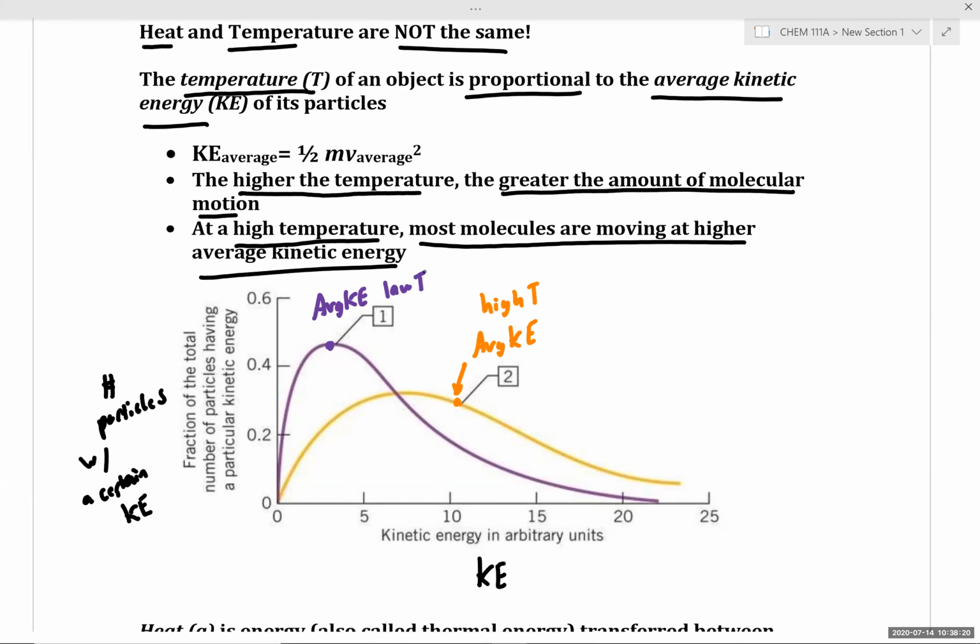Some particles are moving faster, some particles are moving slower than the average. But the key takeaway I want you to get from this: high temperature, higher kinetic energy, more molecular motion. Okay, so temperature is a proxy for the degree of molecular motion and the amount of molecular kinetic energy.